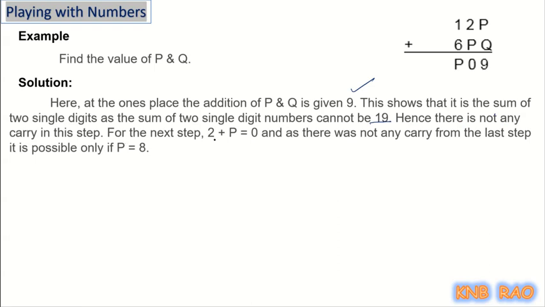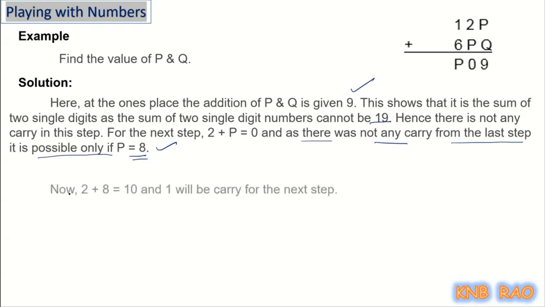For the next step, 2 plus P equals 0. As there was not any carry from the last step, it is possible only if P is 8. This is our entire thinking written in working steps.